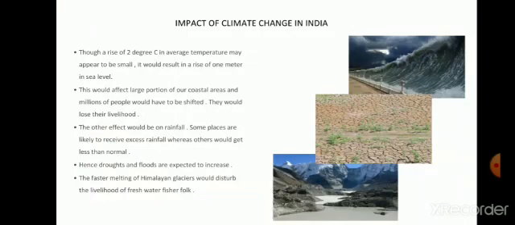Impact of climate change in India. 1. Though a rise of 2 degrees centigrade in average temperature may appear to be small, it would result in a rise of 1 meter in sea level. Example, on May 22nd, 2020, cyclone Amphan made landfall, washing away bridges and swamping low-lying areas.